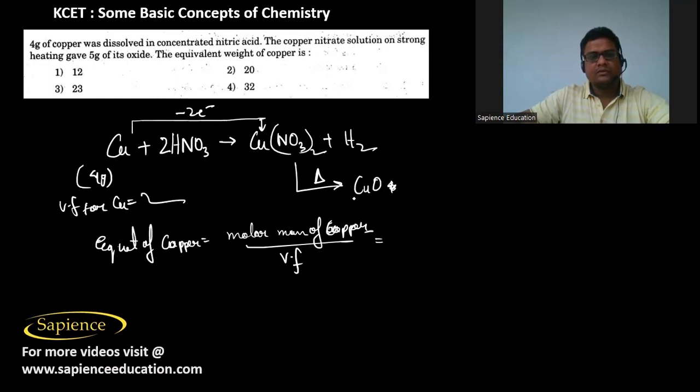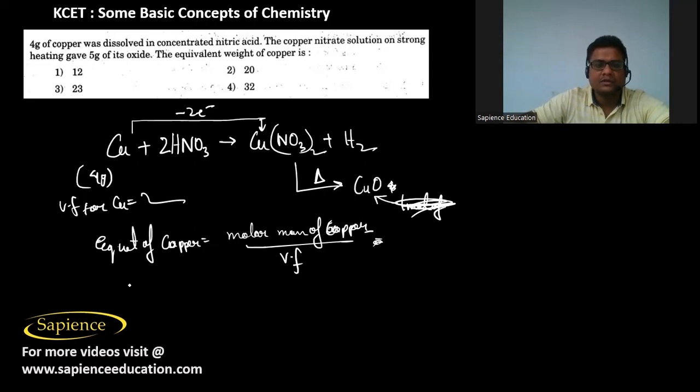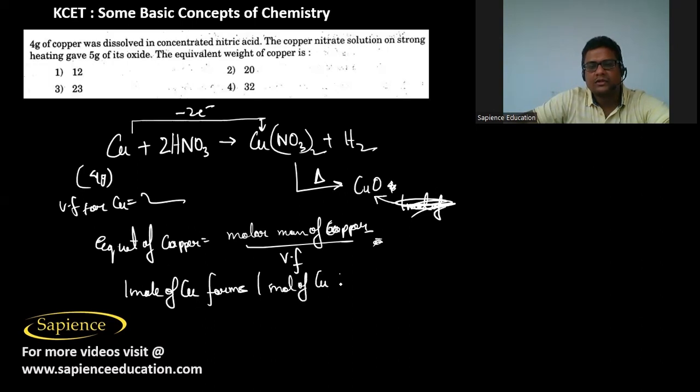So from 4 gram of copper, here 1 mole of... Suppose we don't know the molar mass of copper oxide. As we see, 1 mole of copper forms 1 mole of copper oxide.